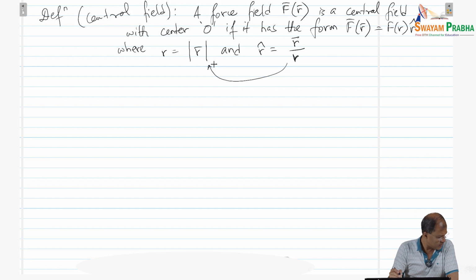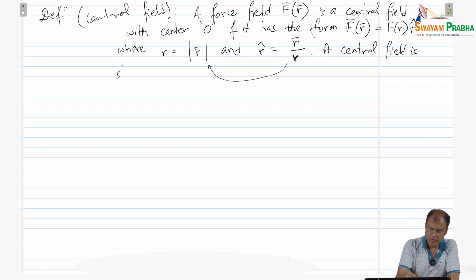Okay, so that's my radial direction r hat. So essentially what I'm saying is that a central field is spherically symmetric about its center.